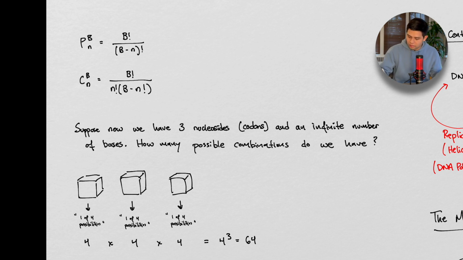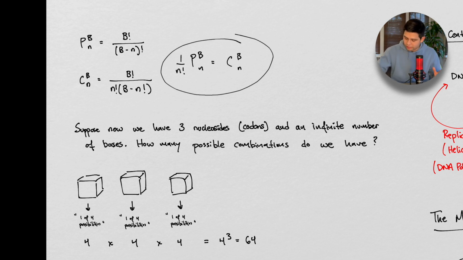All right, notice how P(B,N) times 1 over N factorial is going to be equal to C(B,N). Right, so this is kind of interesting to look at, and we want to keep that in mind as well.